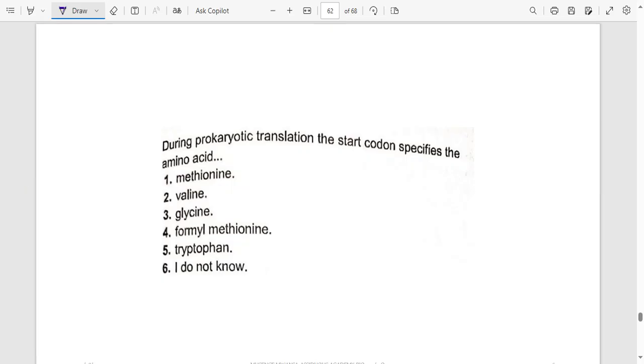During prokaryotic translation, the start codon specifies the amino acid methionine. Is that true? Valine, is that true? Glycine, formylmethionine.